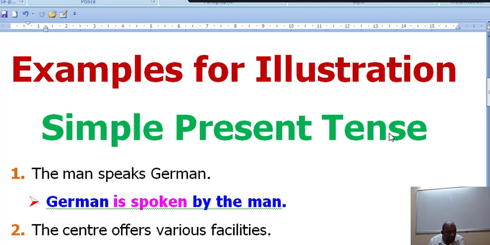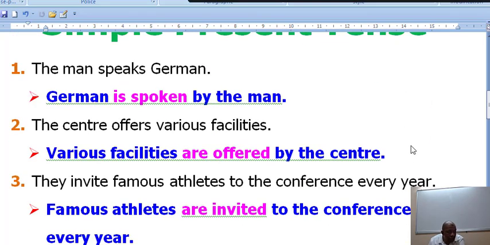Now, let me try to focus on some examples for illustration. Let's start with simple present tense. I have selected 4 sentences related to both active and passive in order to understand well.